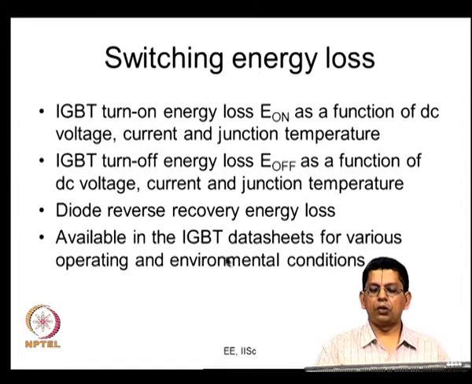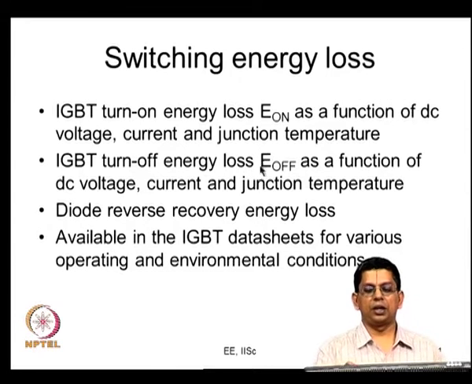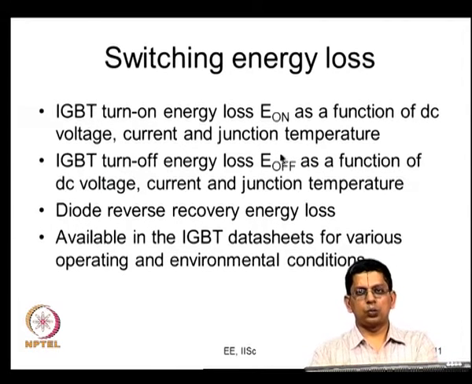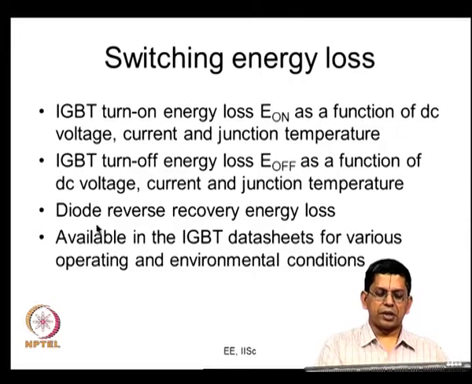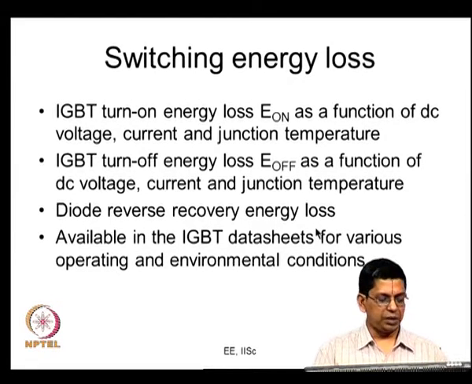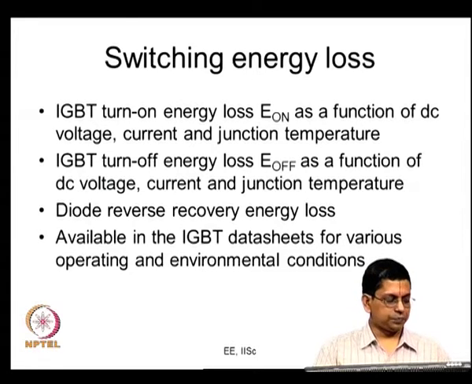It would give you E on and E off, at 2 or 3 different DC voltages, over a range of current, something like 5% or 10% up to the rated current, and for 2 or 3 temperatures, either junction or case temperatures. The E off data will also be available from the IGBT data sheet, and the diode reverse recovery loss may also be available.